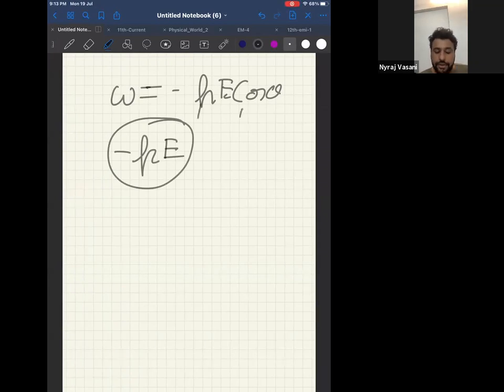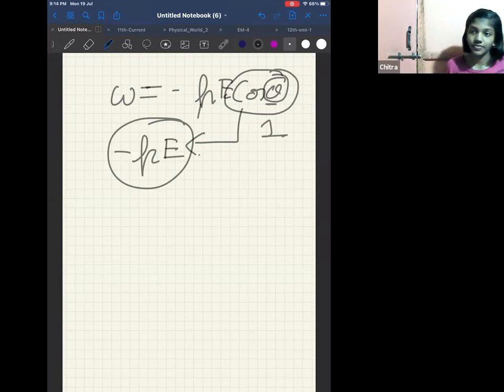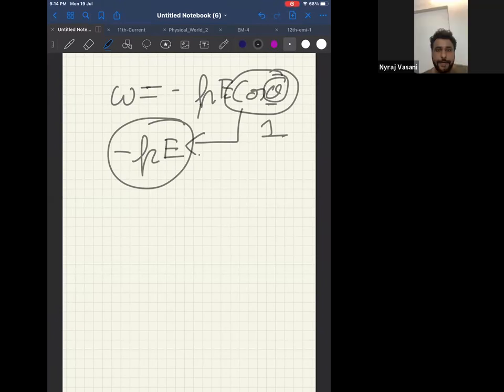So if I want minus PE from minus PE cos theta, can I say cos theta should be equal to 1? And for cos theta to be equal to 1, can I say theta has to be 0? That is why we took 0. Got it? Yes, sir.